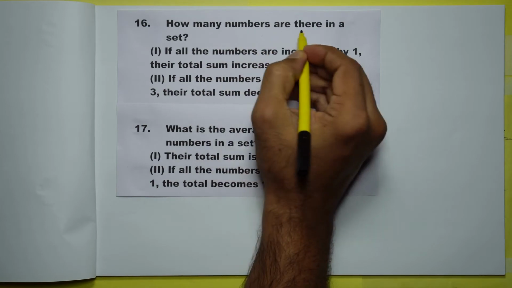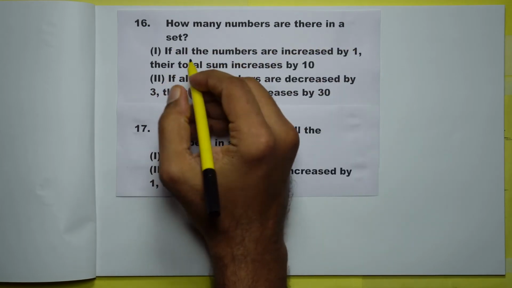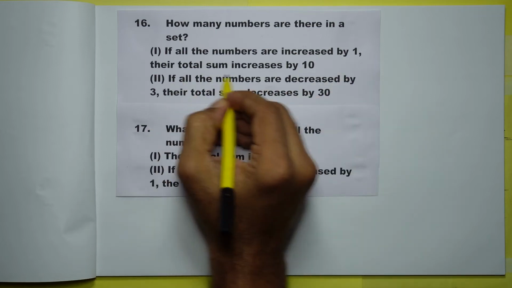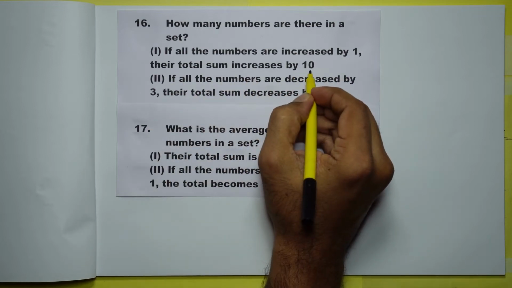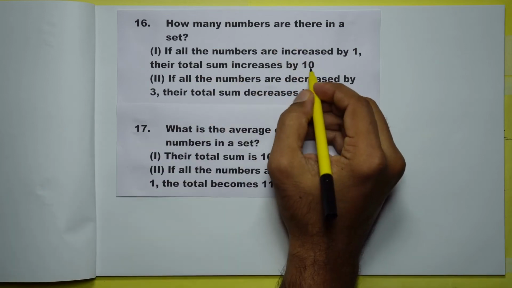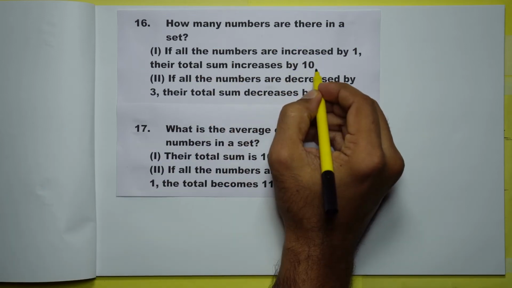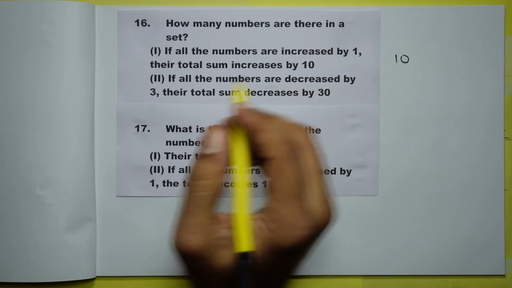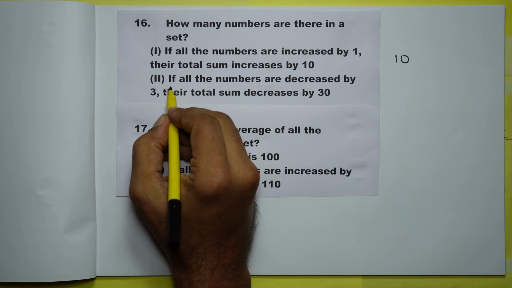How many numbers are there in a set? If all the numbers are increased by 1, then their total sum increases by 10, which clearly indicates that the number of numbers should be 10. So first statement alone is sufficient to tell you number of numbers is equal to 10. Let us look at the second statement.